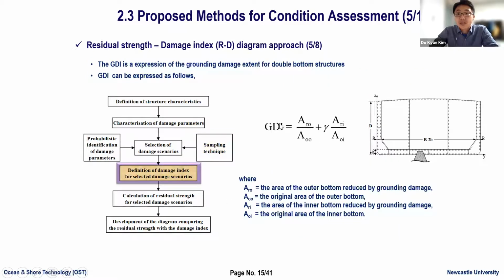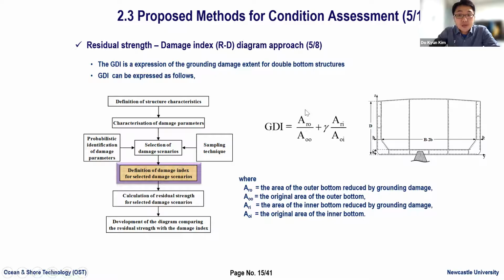You can see here in this case, we put G in front of the DI because this is the grounding damage index, GDI. This single-parameter damage index is a function of all the damage parameters like x1, x2, x3, and x4. So it might be very useful for us.